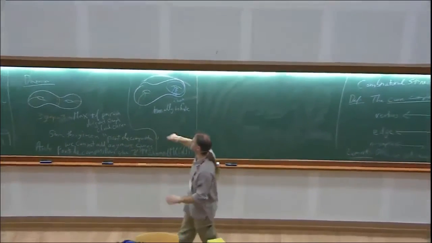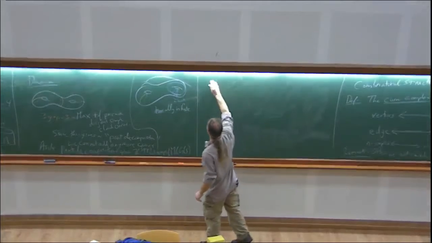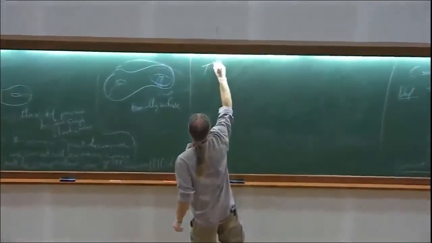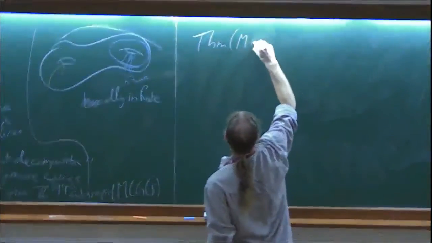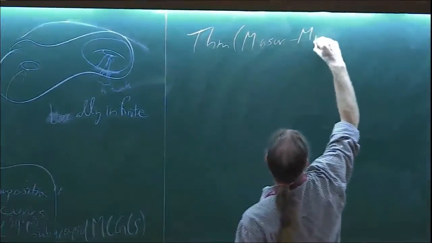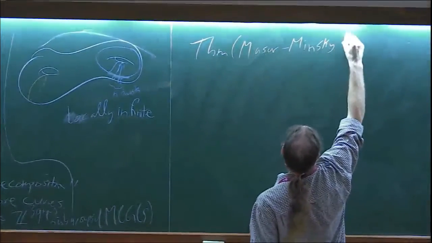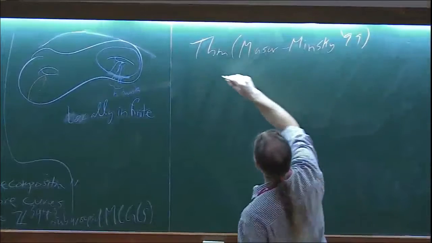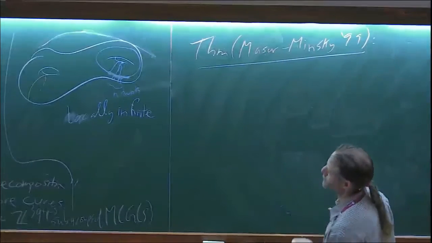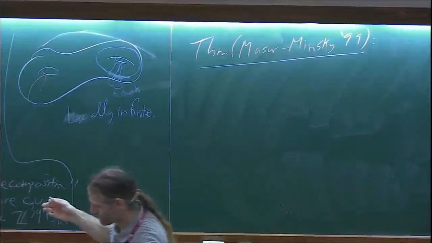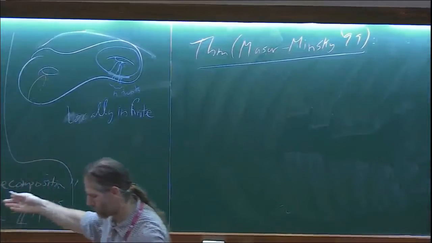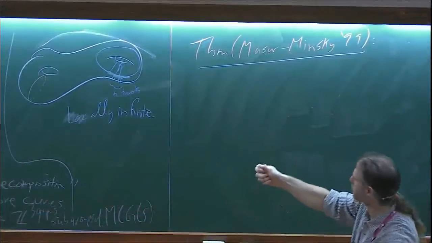So those are some basic properties. Here's a non-trivial property. This is a theorem of Mazur and Minsky from '99. So you could ask what happens. We have this complex or graph, however we want to think about it.